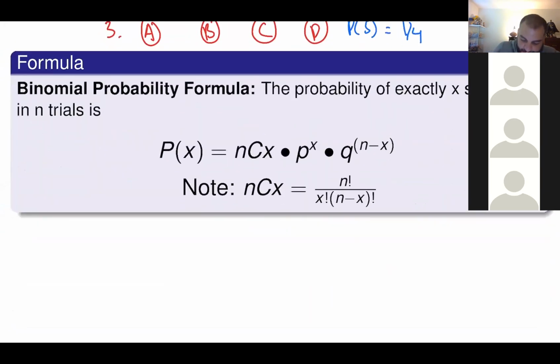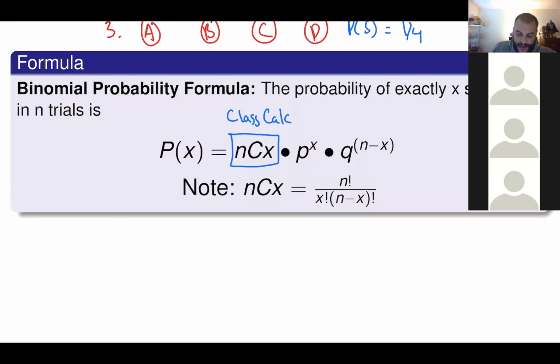All right. So for the formula, we're actually going to use this, and we're going to get this with class calc. So to get nCx, we're going to use class calc.